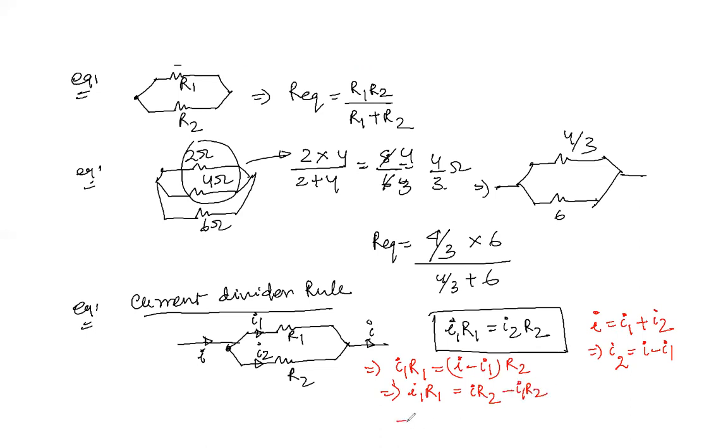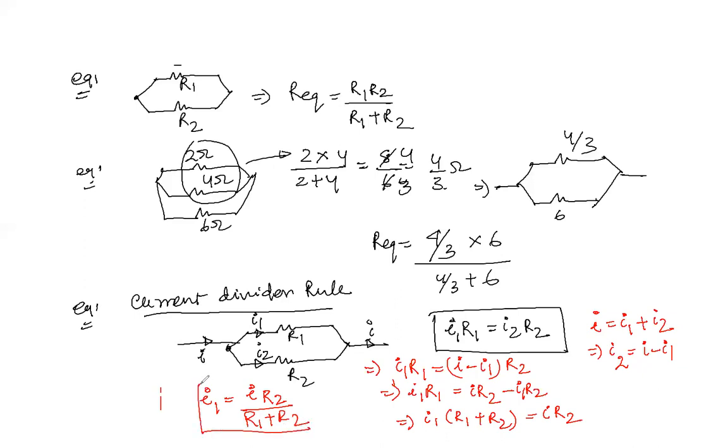Let's bring all the I1 together. It is going to be I1 into R1 plus R2 equal to I R2. From this we get the value of I1 as I, the total current, multiplied by R2 divided by R1 plus R2.